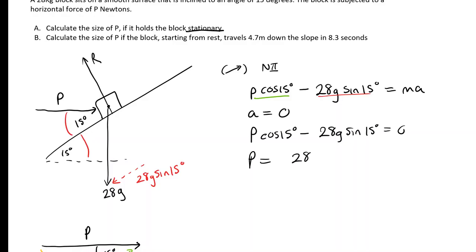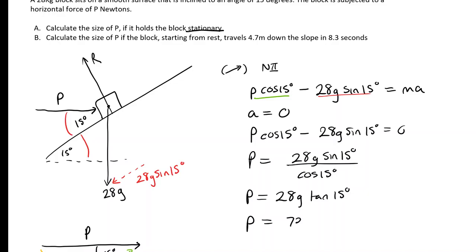Rearranging this by putting 28g sine 15 degrees on the right and then dividing by cos 15 degrees will leave us with 28g tan 15 degrees. That's the value of P that's required to keep the block stationary. This is 73.53 newtons.